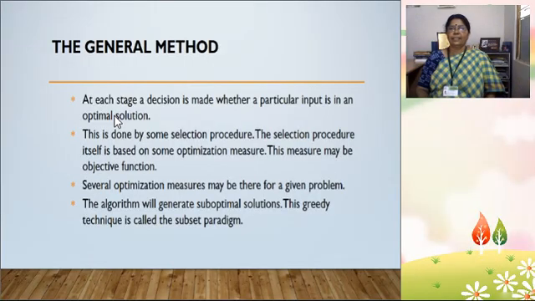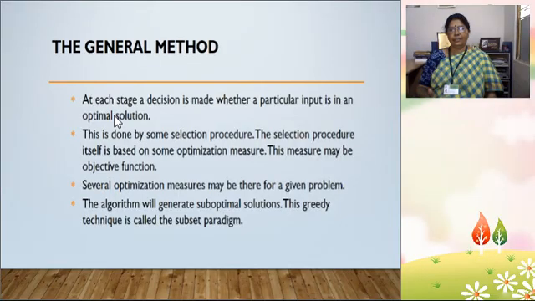At each stage, we consider one input at a time. That selection of the input is based on the optimization procedure. The optimization procedure may be maximization of profit, minimization of distance, or minimization of time. There could be any objective function depending upon the problem.